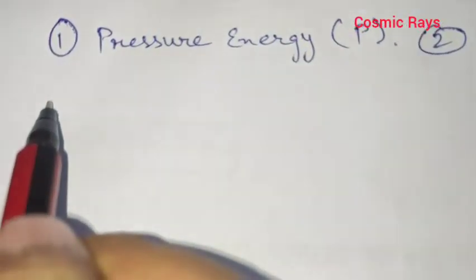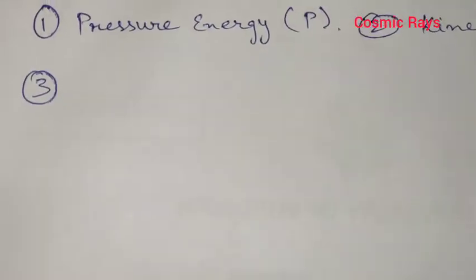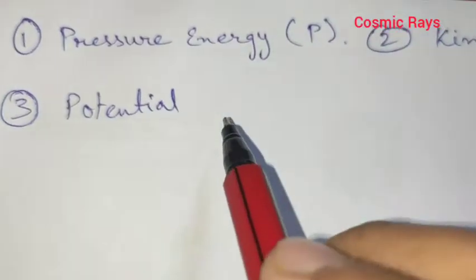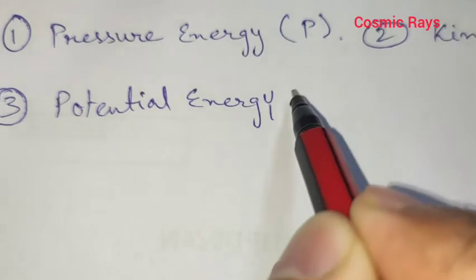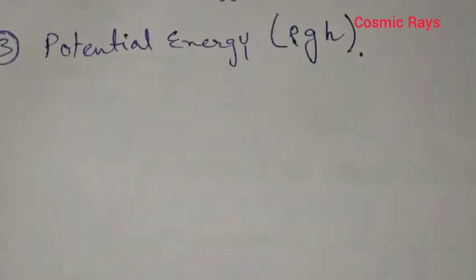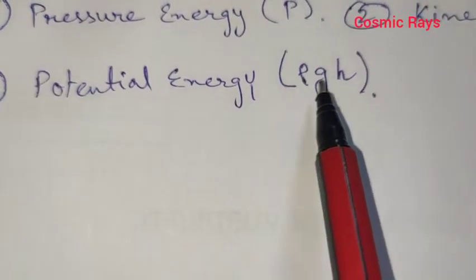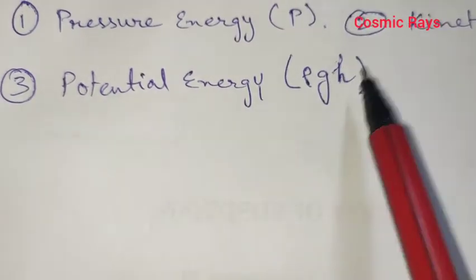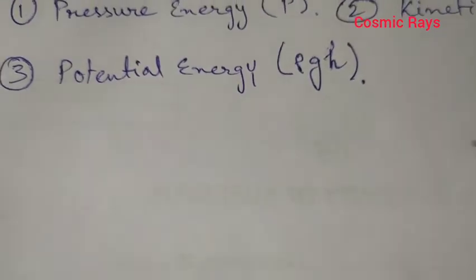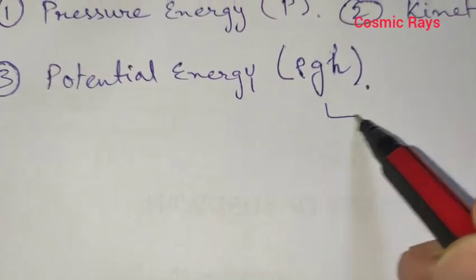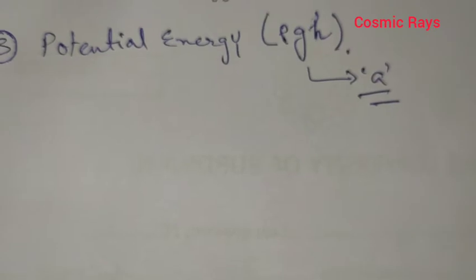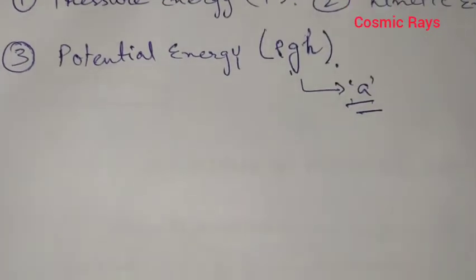And finally, the third type of energy possessed by a flowing liquid is the potential energy. And that is denoted as rho g h, because this is the height denoted as h and g is the acceleration. So at times, instead of this g, you might also come across a, that is acceleration due to gravity, or g. Both represent the same thing.